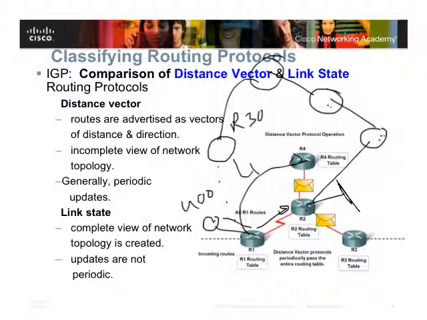It propagates information about all the states of all links in the network to all routers. Okay? So that's one major difference. So you have a complete view of the network topology because you have separate information about every single link in the network.